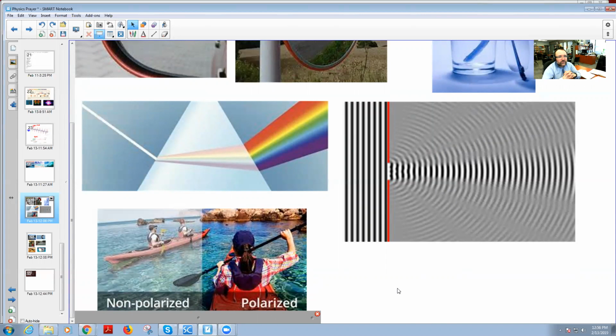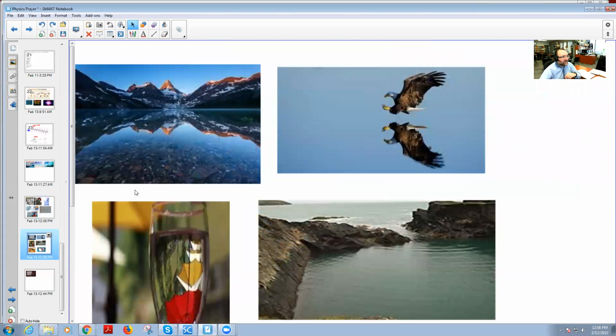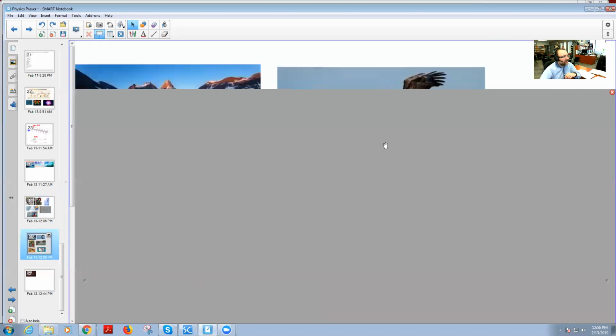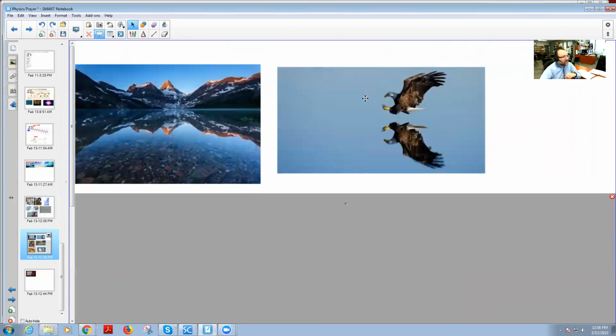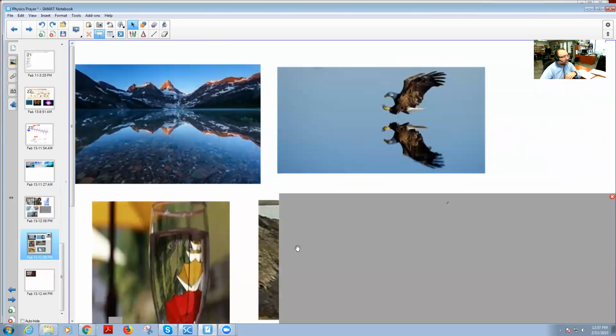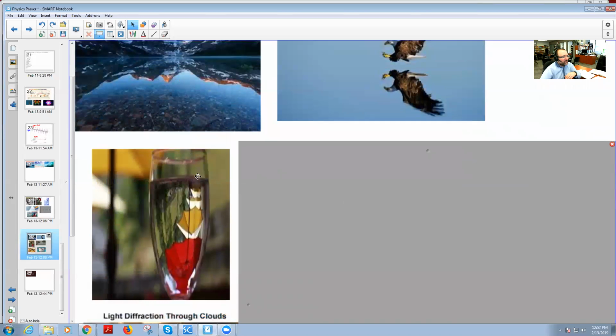Welcome back. So we're going to look at the beauty that exists in our world with refraction, reflection, and so forth. As you see right in here, the reflection from the water, the lake, of the mountains, and the reflection of the bald eagle coming down into the water. Then we can also look at the refraction occurring in these umbrella drinks when you're enjoying a nice flute of drink.